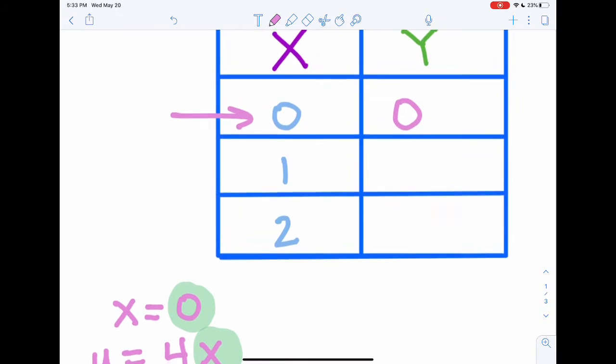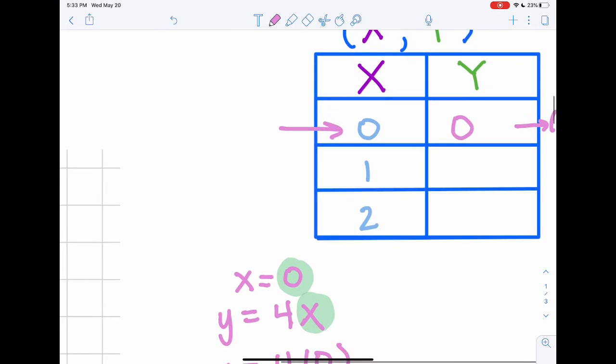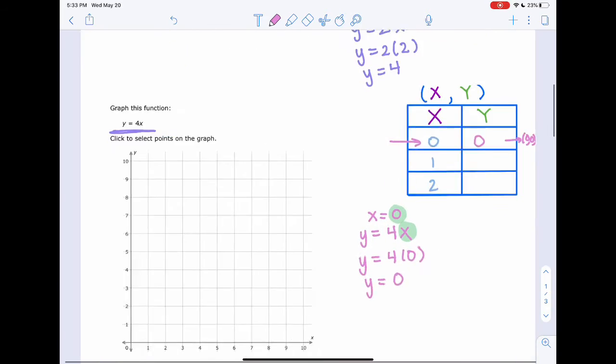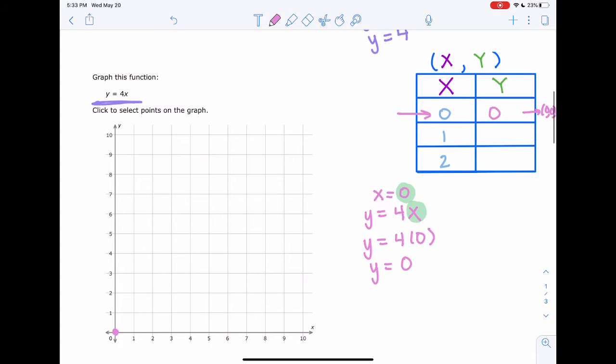So my coordinate point is 0, 0. So when I graph that, it's going to look like this right here. Okay, I'm going to draw a line and pick a different color.